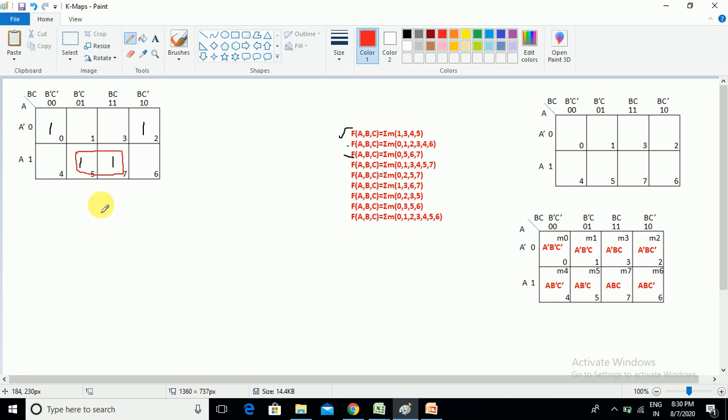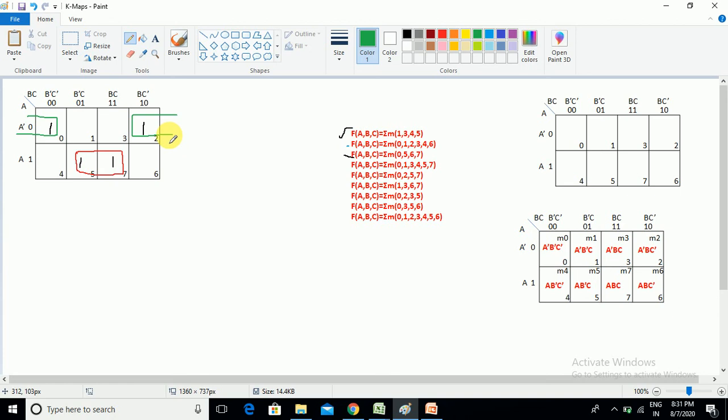There is no other alternate for the easy grouping. Now after that, 0 and 2: is there any alternate for 0 to 4? Not possible. 0 to 1 not possible. But there is one procedure, the folding paper method. By using that method we can perform the edge mappings. If you fold the paper in half, 0 and 2 will touch each other, so we can perform these two cells as one group.